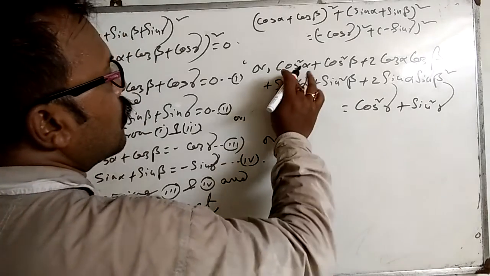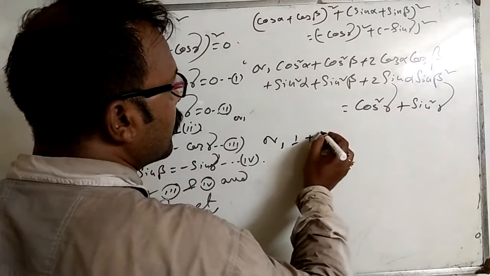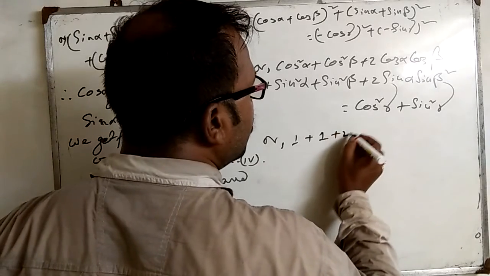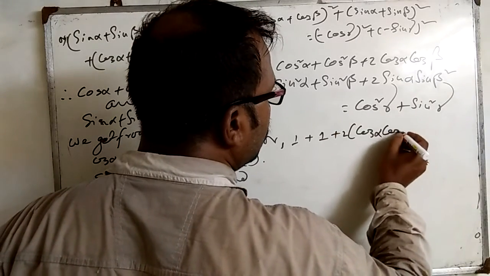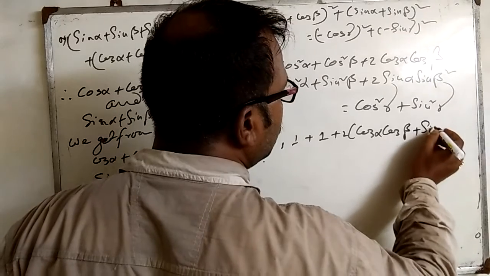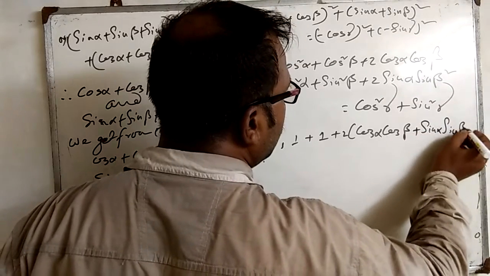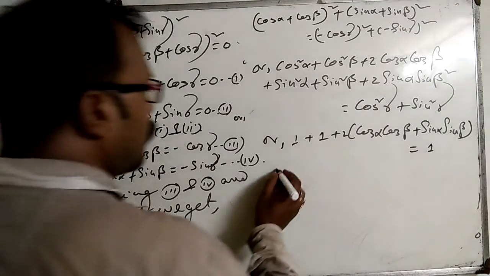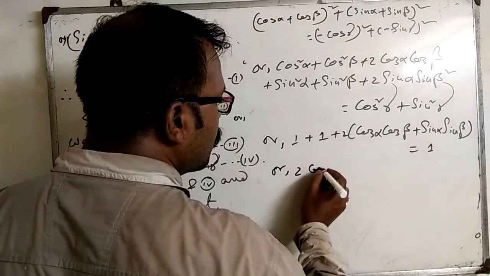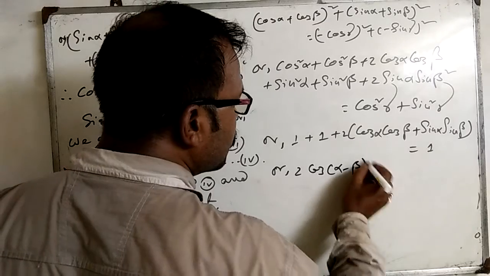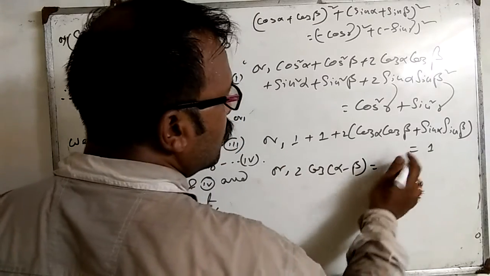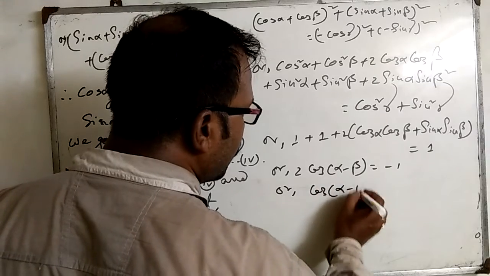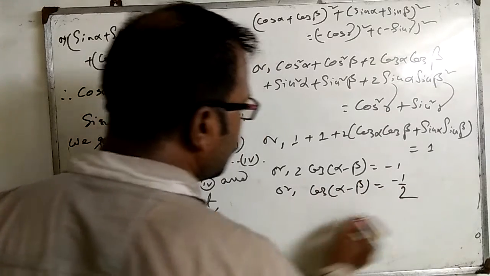Cos square alpha plus sin square alpha equals 1, and cos square beta plus sin square beta will be 1, and we write cos alpha cos beta plus sin alpha sin beta, that will be cos of alpha minus beta, equals to minus 1, or cos of alpha minus beta equals to minus of half.